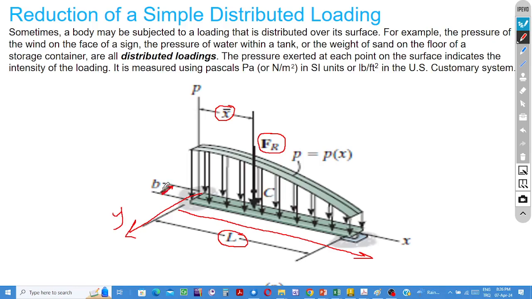Then the distribution in the direction where the size of the contact area is very small is very accurately taken as uniform. Either it is expressed as uniform, or we can assume that it is uniform, since the variation is negligible because the dimension is very small relative to the other dimension.